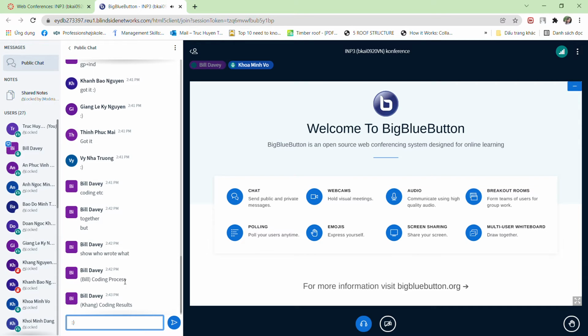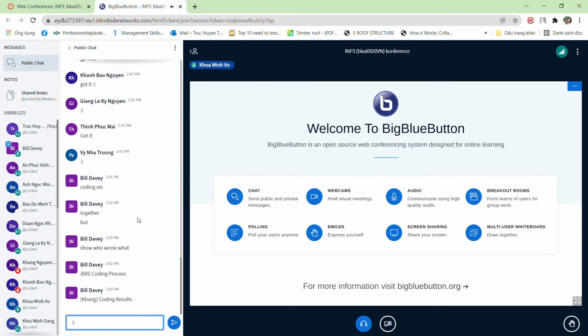Hello? So if I'm not mistaken, the content of the coding process is group content, and the person writing it will write their name in front of that paragraph. Yes, so it's group work, but one person claims responsibility for doing the writing.